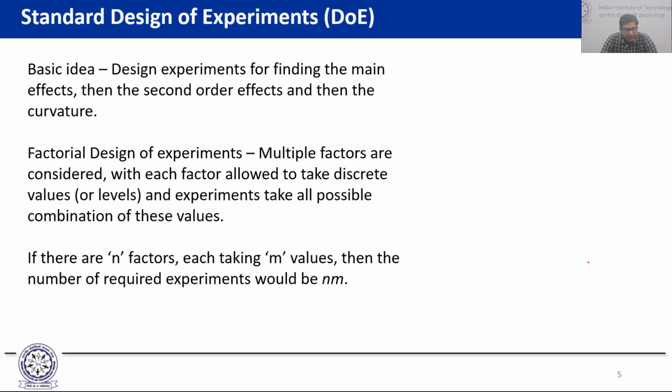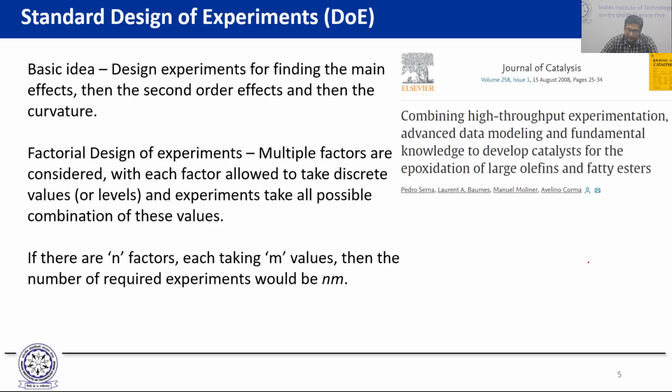So you have to ensure that the factors that you are looking at are allowed to take discrete levels, and then you have to look into the experiments which capture all possible combinations of these values. So in that sense, if you have got n different factors that have to be considered, and there are m different levels that can be permissible, then the total number of experiments that you will have to do would be m times n.